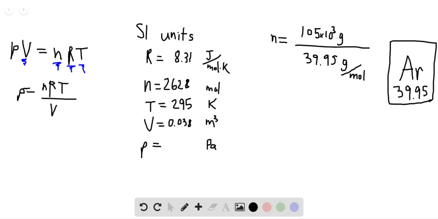So what I have here is 1.7 times 10 to the 7 Pascal, or 1.7 times 10 to the 4 kilopascal, which is a unit we are most used to seeing. Let's see. In the manual now, what's the answer they give?